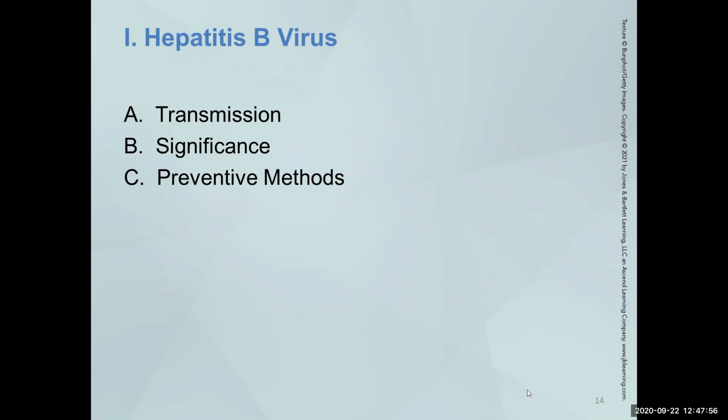The modes of transmission is through percutaneous or perimucosal exposure. Percutaneous includes, okay, the intravenous, intramuscular, and subcutaneous. Accidents with needle sticks and other sharp instruments are percutaneous. Exchange of contaminated needles and syringes.